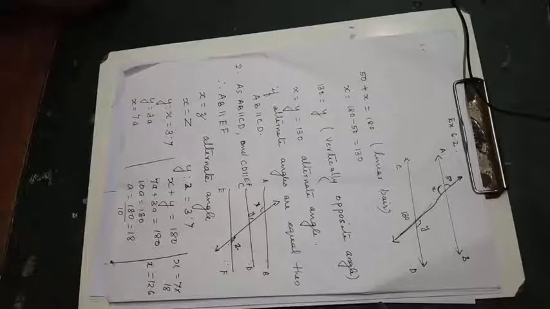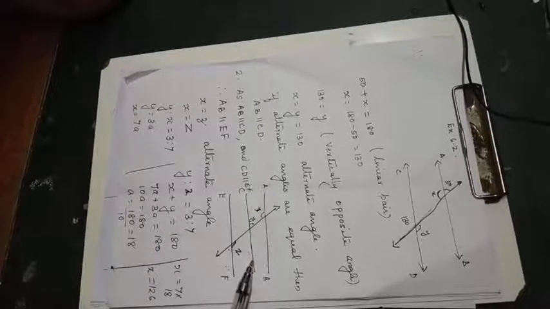Okay, so how have we done that? First we took AB is parallel to CD and CD is parallel to EF. So AB is parallel to EF. Now as AB is parallel to EF, X and Y are alternate angles and they will be equal.